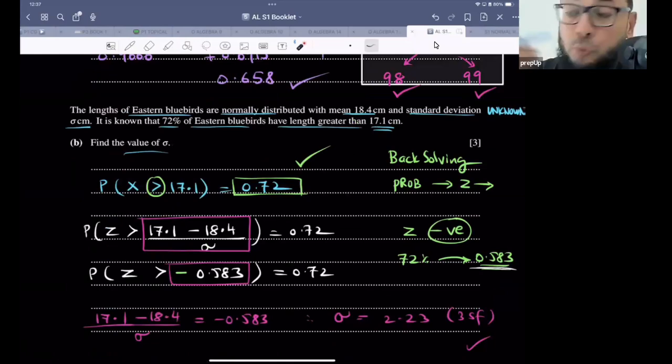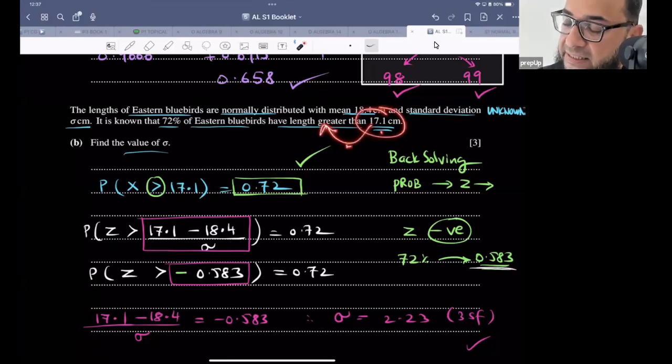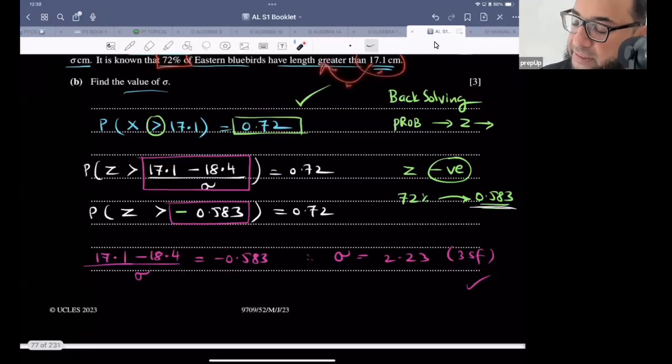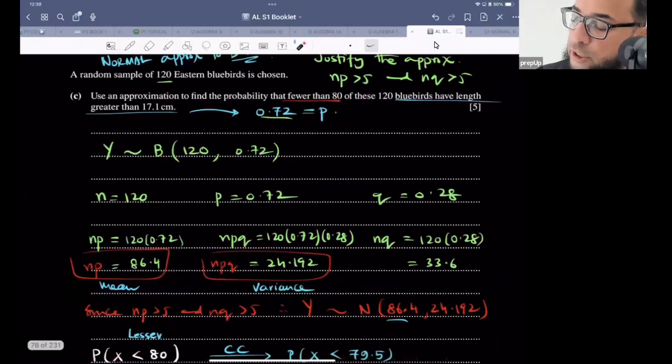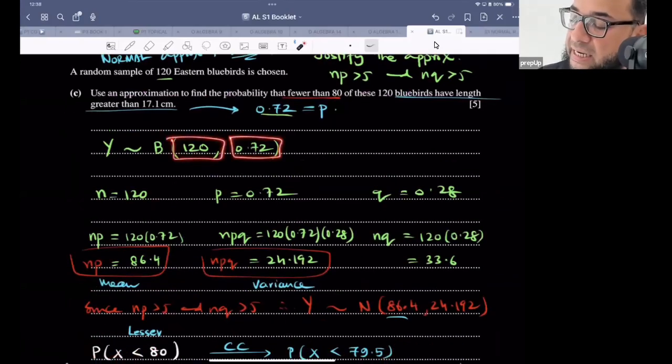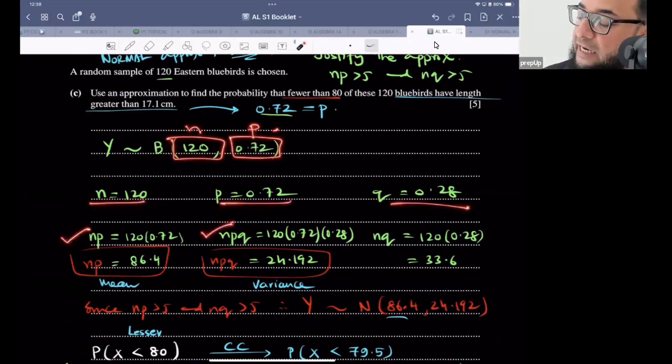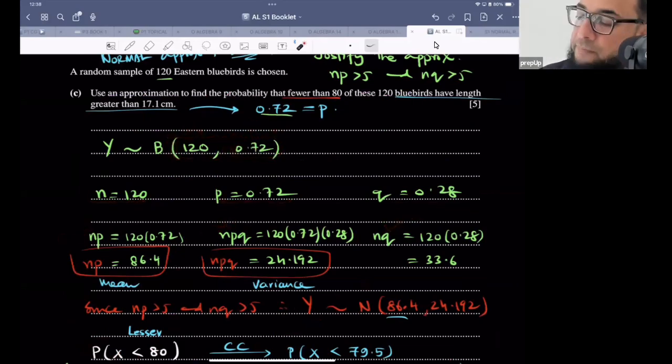You don't have to start working again. Just think that it is related to the previous part. What is the probability that the length is greater than 17.1? That is 72%. So 72% is your success, 120 is your number of trials. Write it out separately. Calculate np, calculate npq, calculate nq.